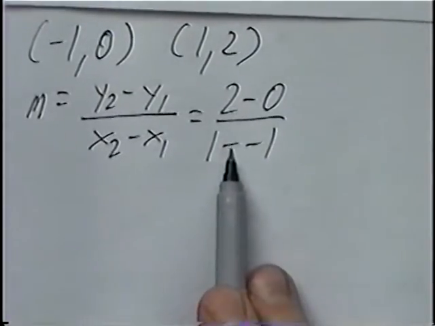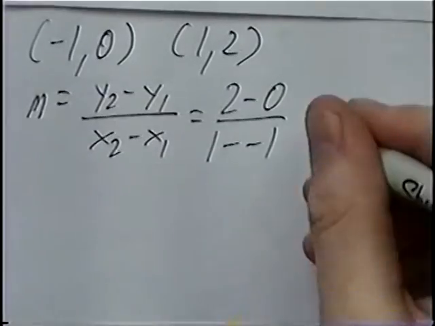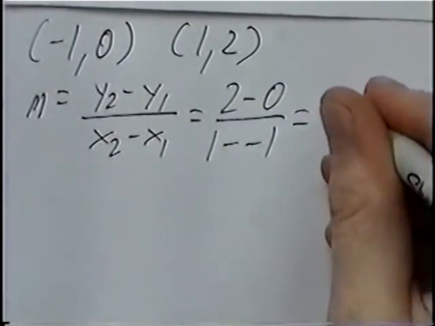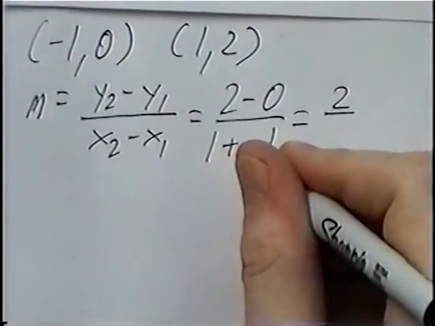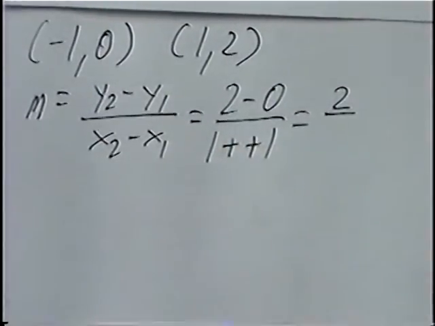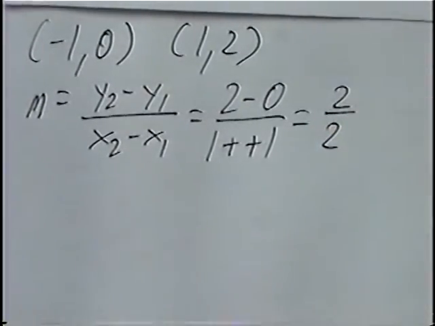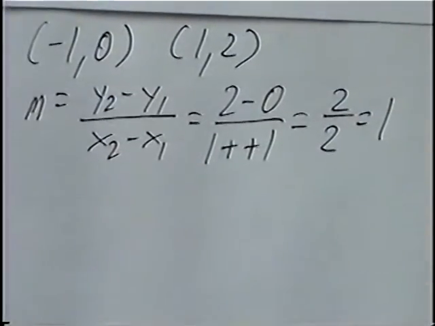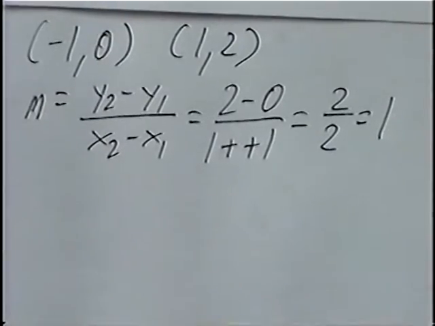And again, we'll have a minus from the equation and a minus from the negative 1. Simplifying, 2 minus 0 will be 2. 1 minus a negative 1, minus a minus, we can change to 2 pluses. 1 plus 1 would be 2. And 2 divided by 2 would be 1. So the slope between the 2 points, the slope m, is equal to 1.